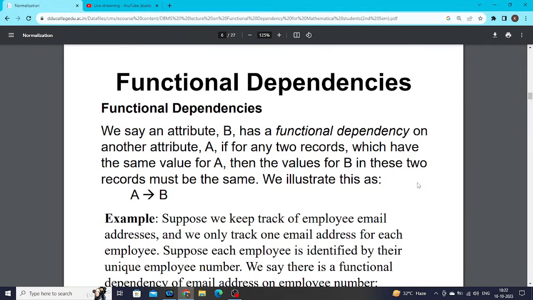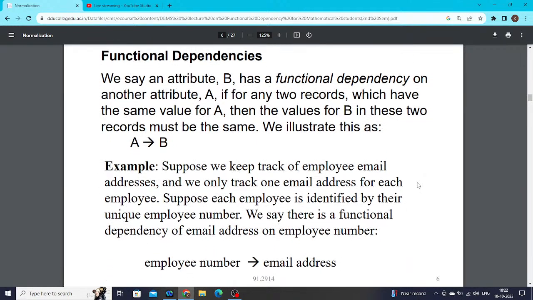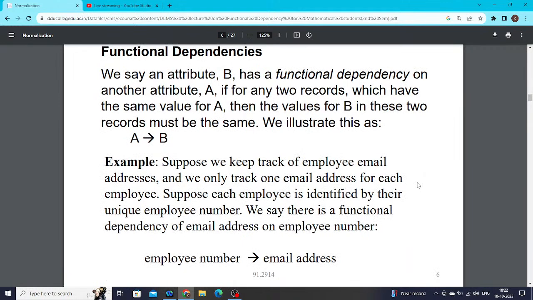So, functional dependencies. We say an attribute B has a functional dependency on another attribute A if, for any two records which have the same value for A, the value of B in these two records must be the same. We illustrate this with an example: A determines B. This is the relation we are given.